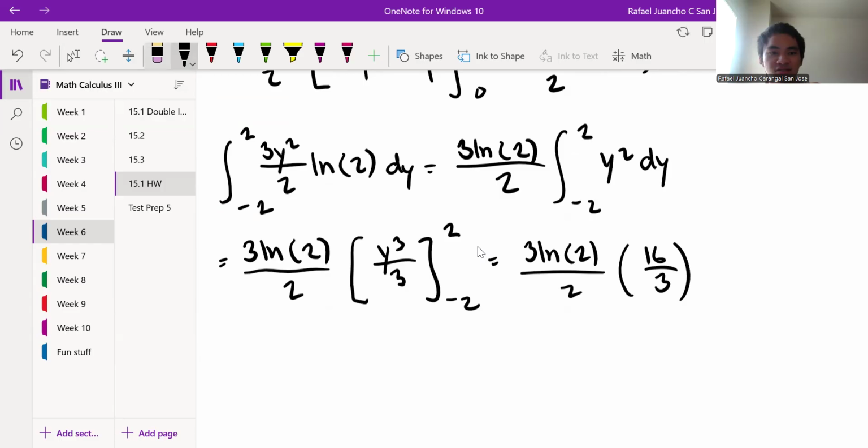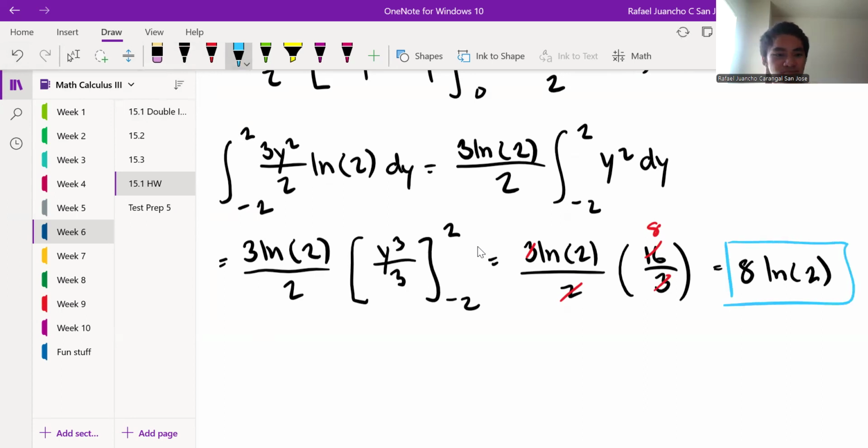And then we can cancel this 3 here. We can cancel this 2. So this becomes 8 ln 2. Then that's our answer, right? Nice and easy. So it is indeed that answer.